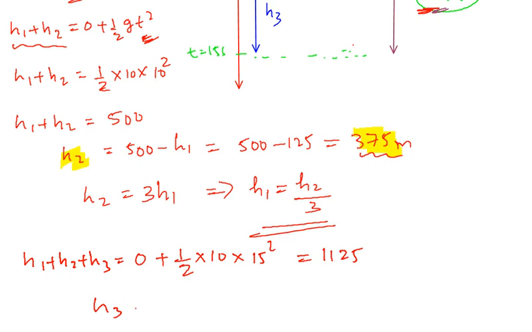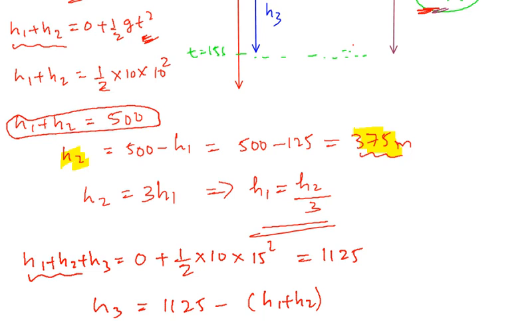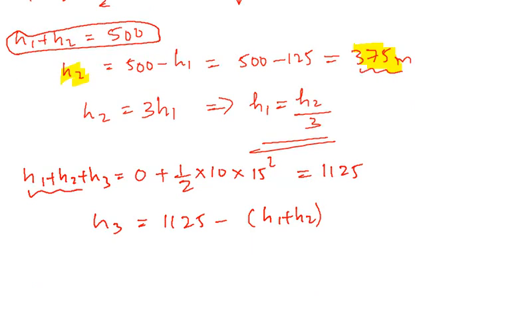Our requirement is h3, so 1125 minus h1 plus h2, which is 500. Therefore h3 equals 1125 minus 500.